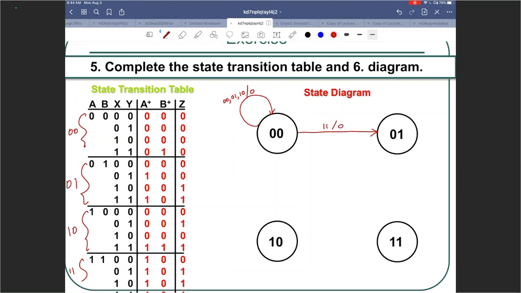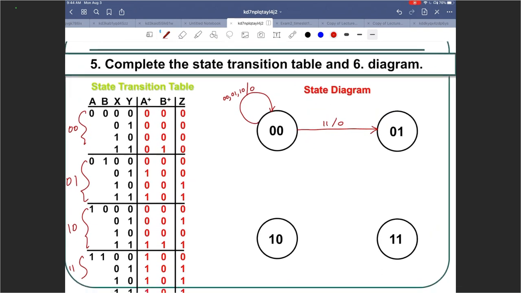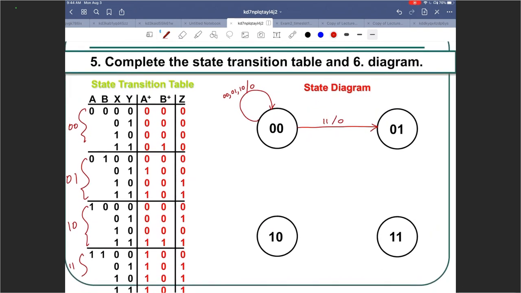And then from 0, 1, you will say, if I get a 0, 0 or a 1, 0, I will go back. When do you go back? When you get 0, 0 or 1, 0. That means X 0.